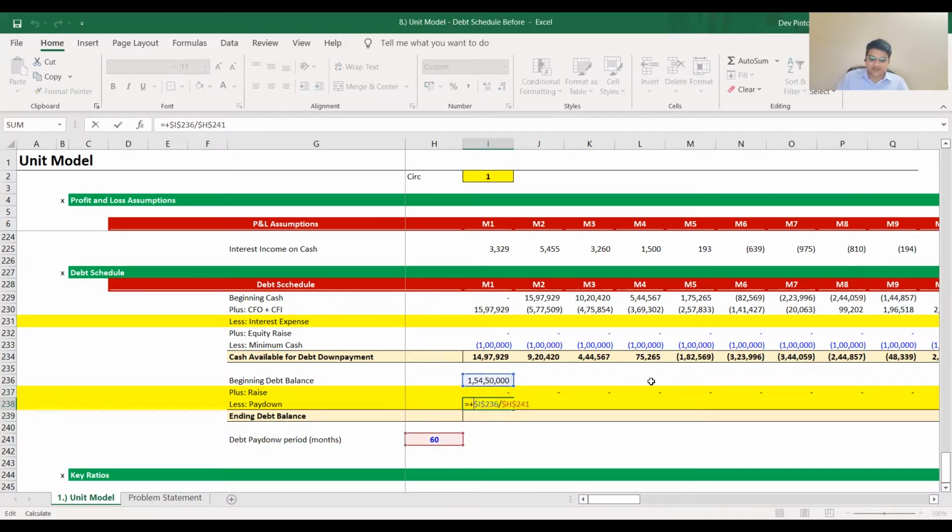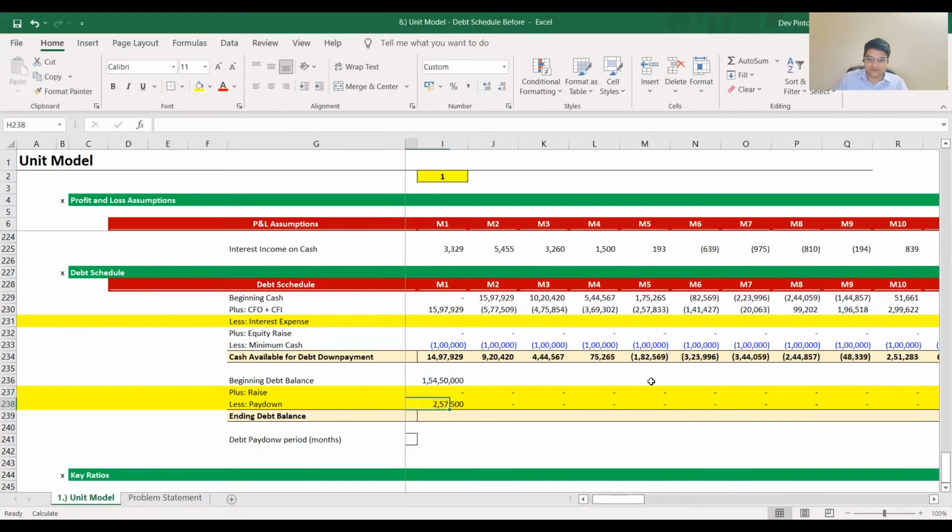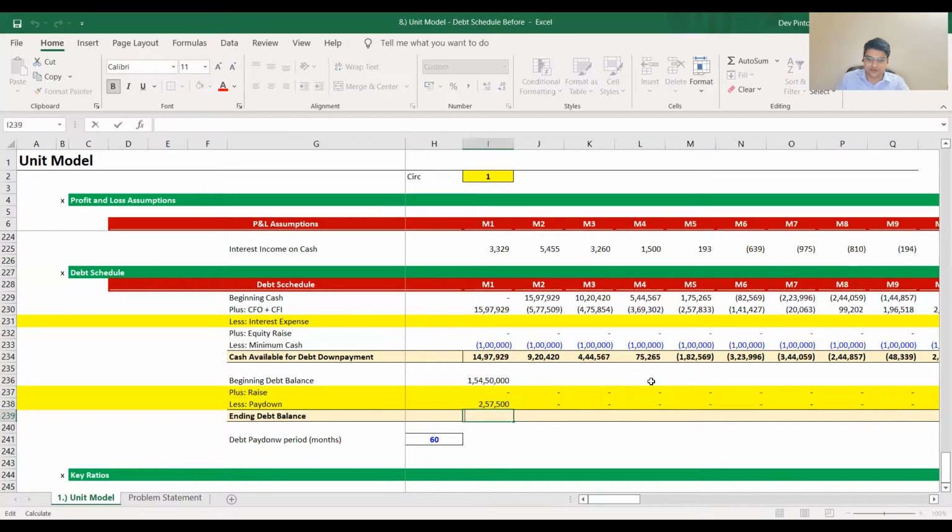So it'll actually be the minimum of this and this plus this. So that will be nothing but 1 plus 2 minus 3 is the ending balance. Then this will flow from here.